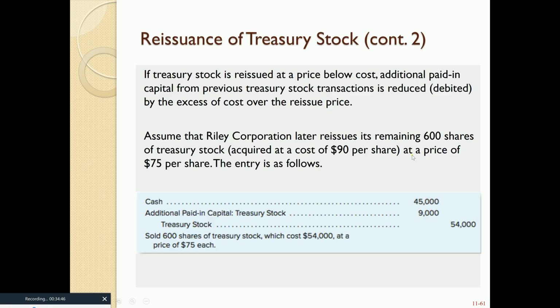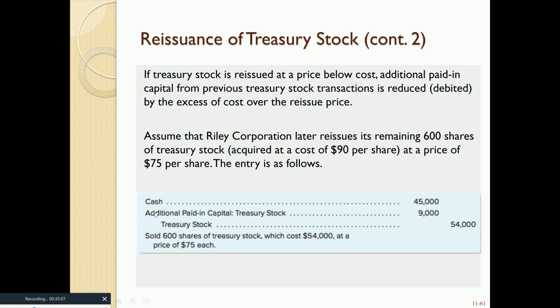But how much did we receive? Only $75 per share. 75 times 600, we're only receiving cash of $45,000. The difference between the original, which is $54,000, and the cash we're receiving, $45,000, this is a $9,000 difference.